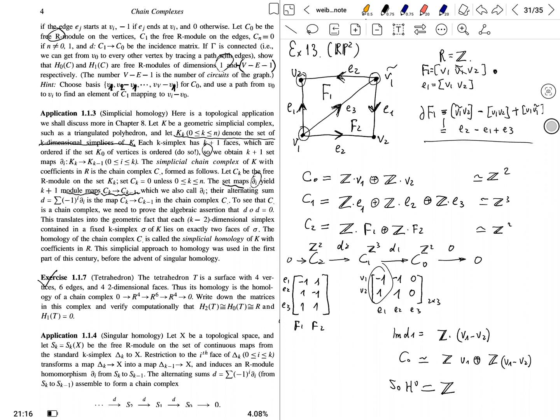So firstly compute H0, which is the kernel of D0, which is all of C0, which is Z squared, modulo the image of D1. What is the image of D1?